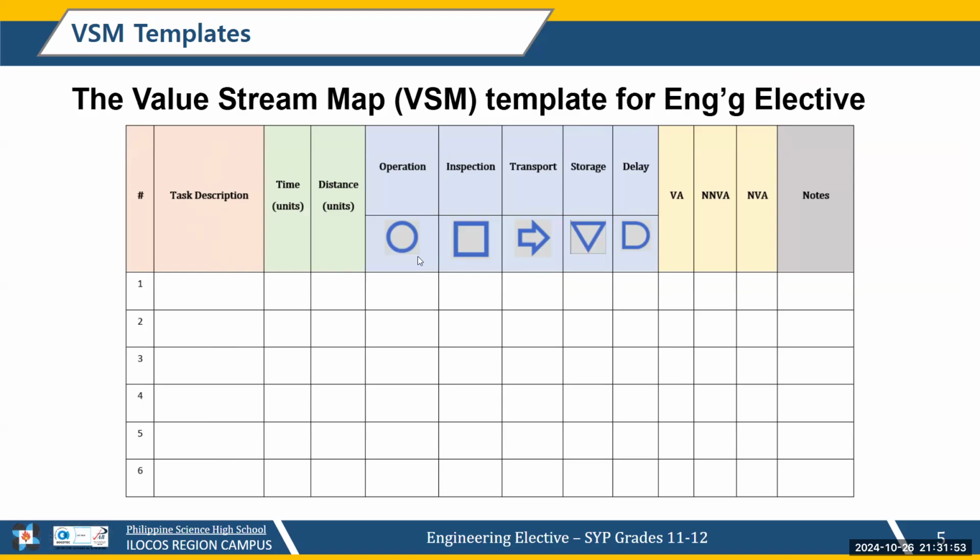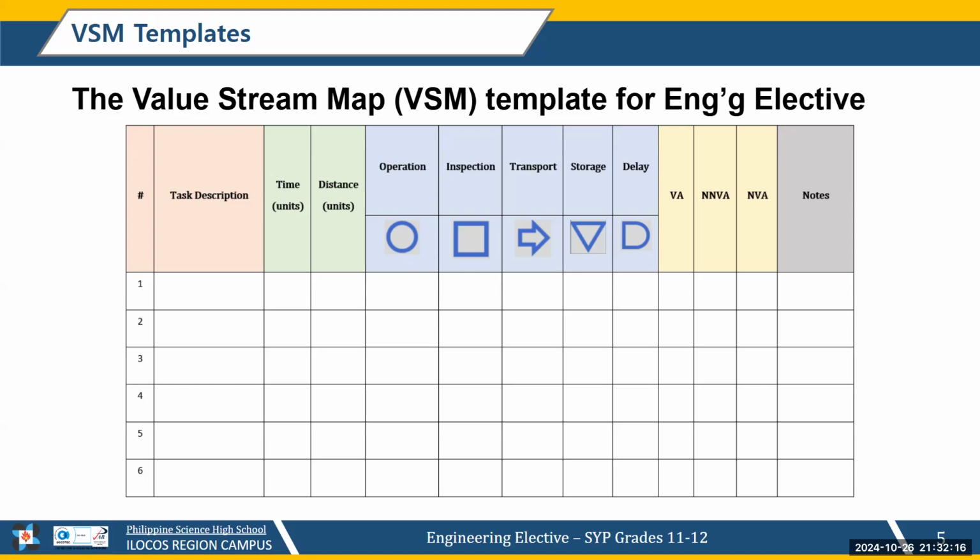We have the classification or categorization of the process steps. It can be an operation, an inspection, a transport, a storage, or a delay. We have also the value classification, if that step is VA, NNVA, or NVA.